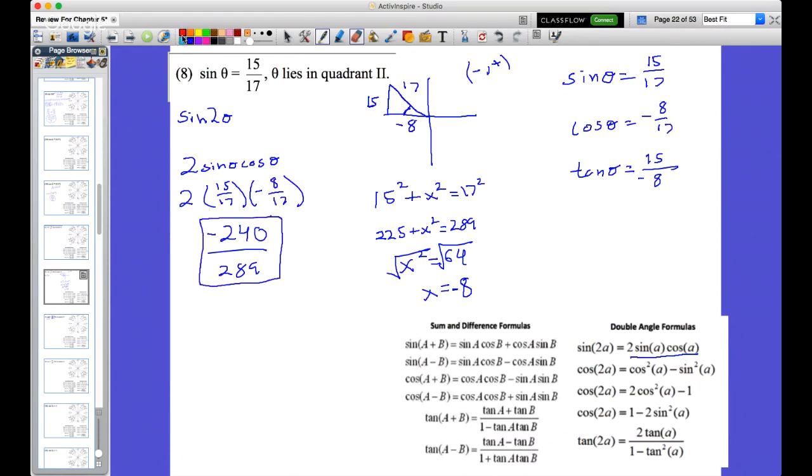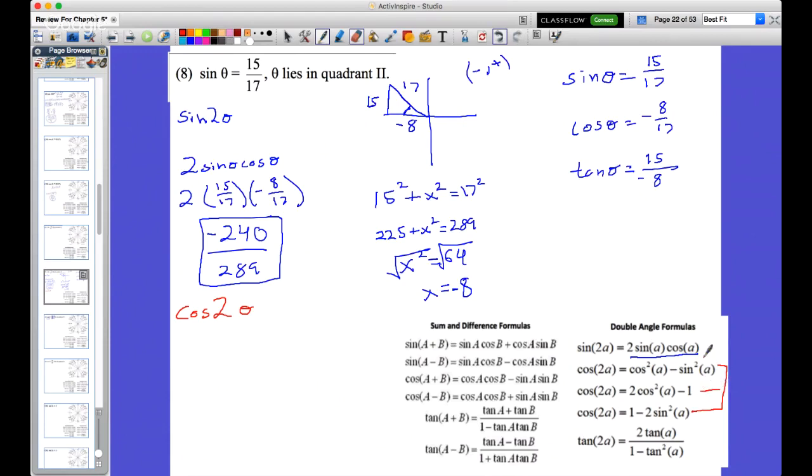Let's look at the cosine of 2 theta. If I'm going to find the cosine of 2 theta, I can use any of these three.